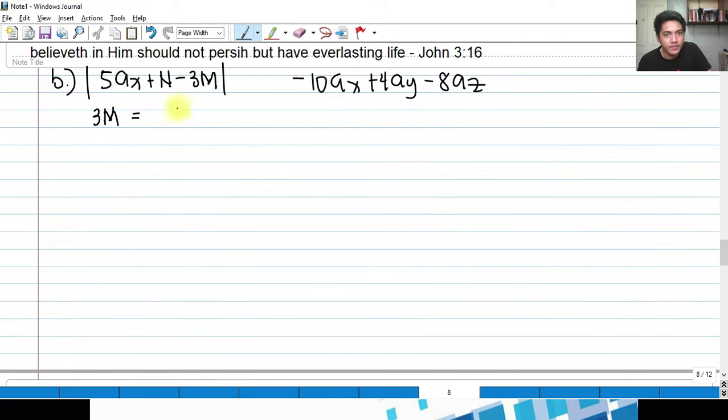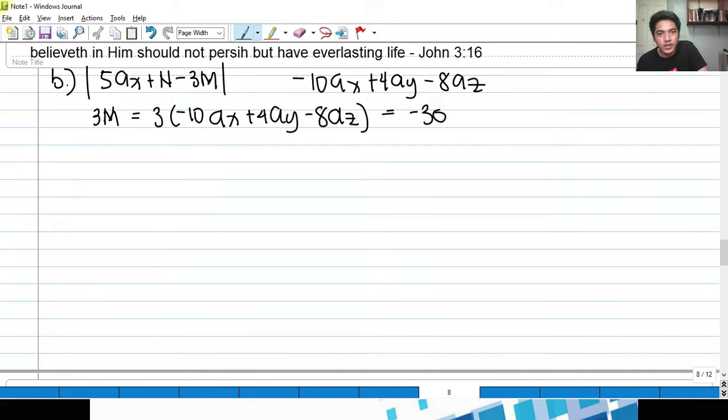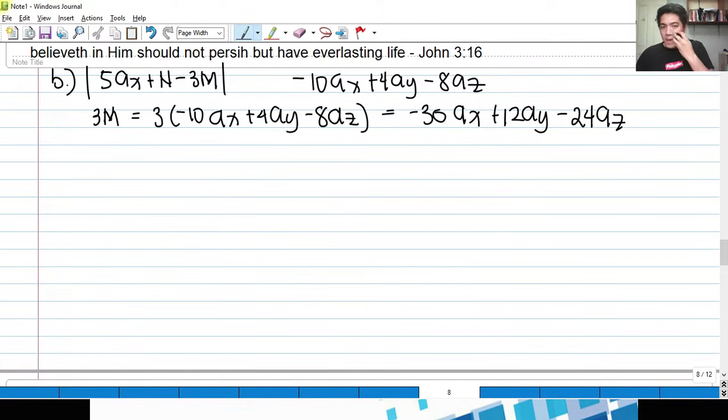So, that should be 3 times negative 10 ax plus 4 a sub y minus 8 a sub z. This corresponds to negative 30 a sub x plus 12 ay minus 24 az.